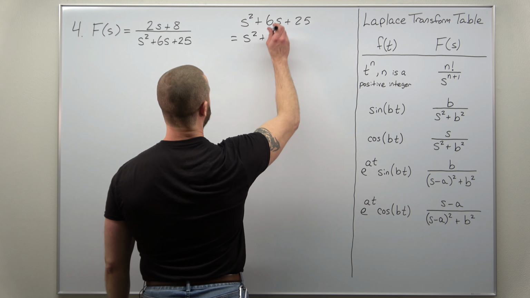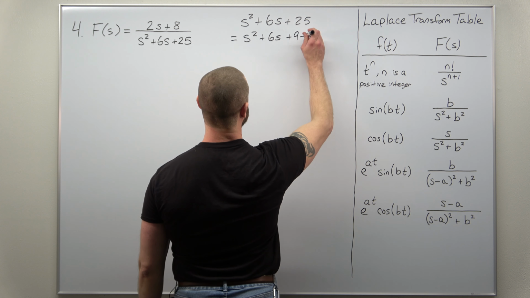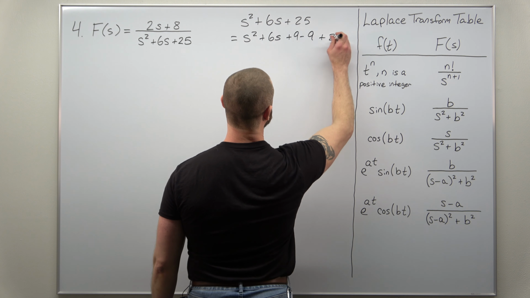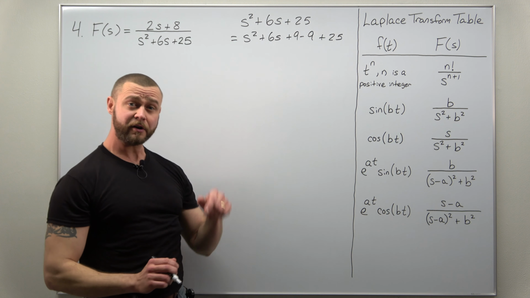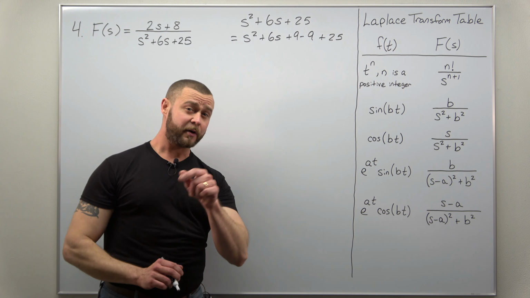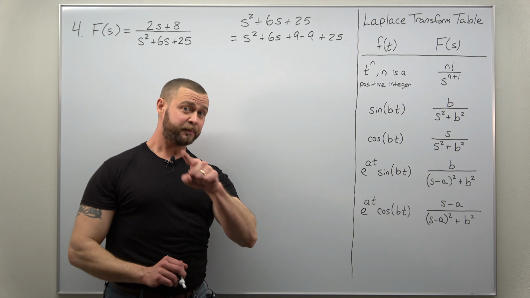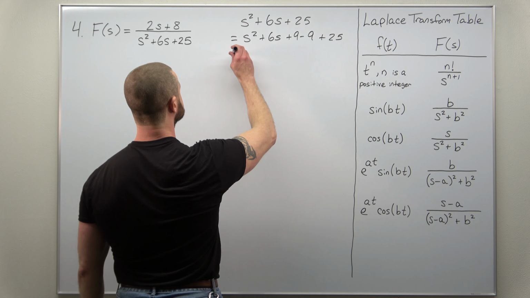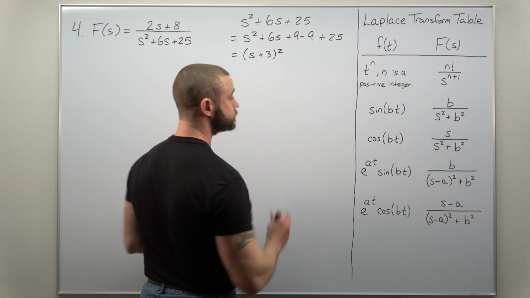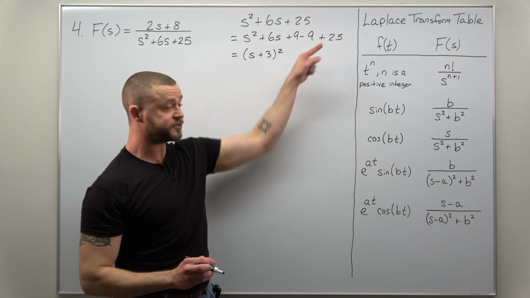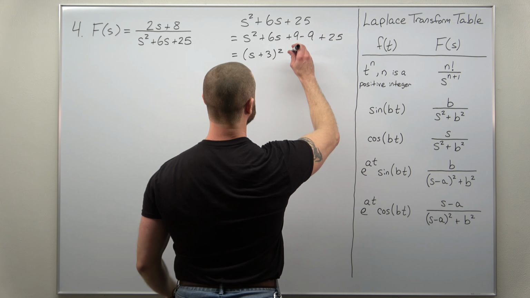So think of this as s squared plus 6s. We're going to add 9 and then immediately subtract it. And what you should find is probably always the first 3 terms can usually be written as a perfect square. And here you can factor the first 3 terms as (s plus 3) squared. All right, and your last 2 numbers, you can combine those together, negative 9 and 25, to get 16.